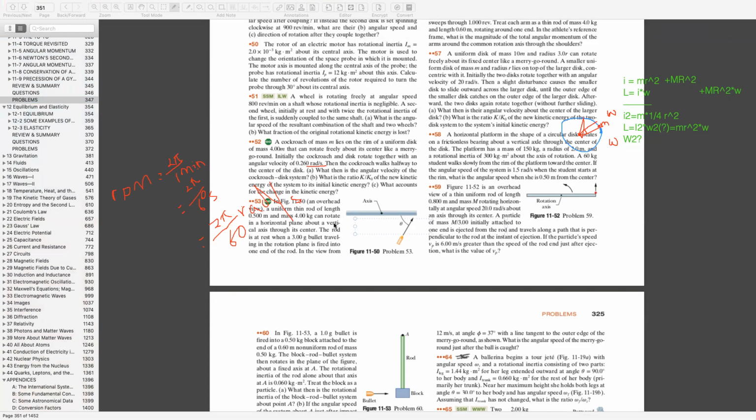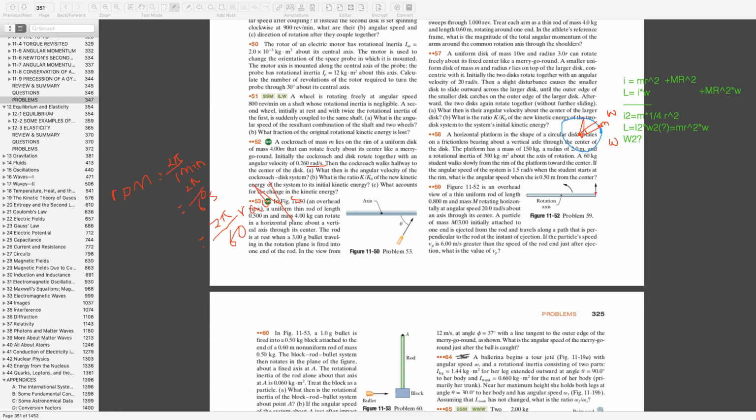So then we have omega naught times the quantity 3m r squared all over, let's see here, 9/4 m r squared. And then the end result when you simplify it all is you get 1.33 times omega naught.